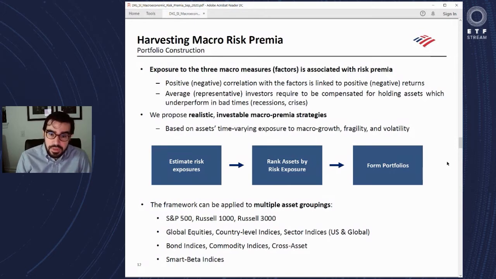So once we have the individual assets, we can compute their exposures, meaning betas, to the macroeconomic measures that we have constructed. And the process is quite simple. We first estimate the risk exposures, the betas. Then we rank the assets on the basis of those risk exposures, and then we form portfolios with specific characteristics.